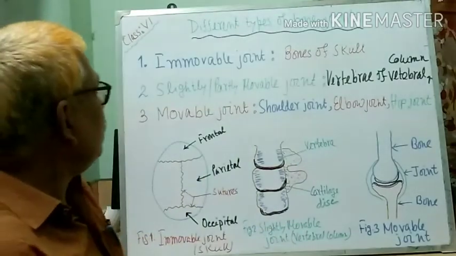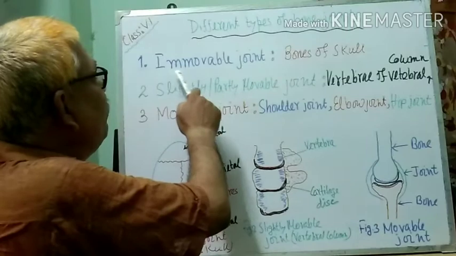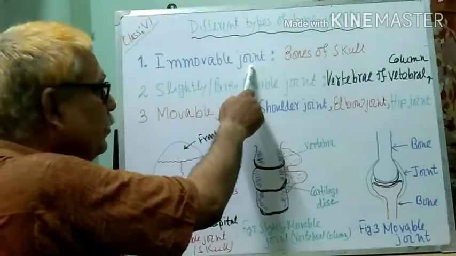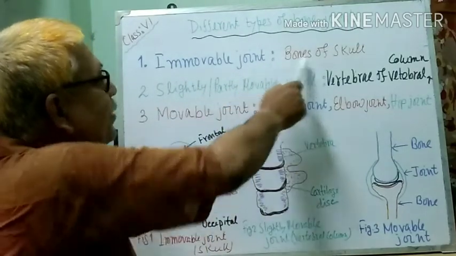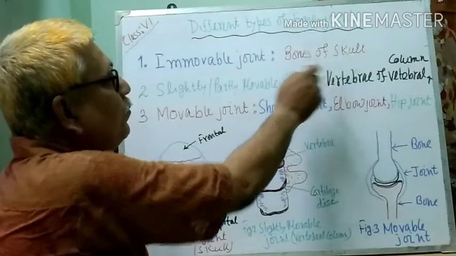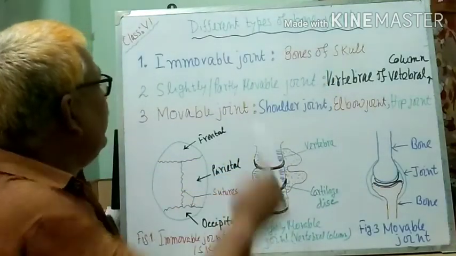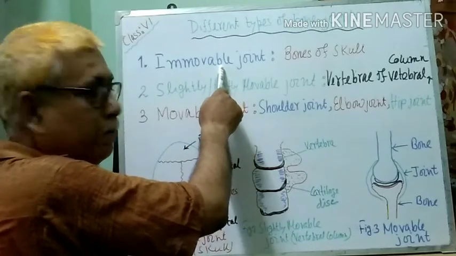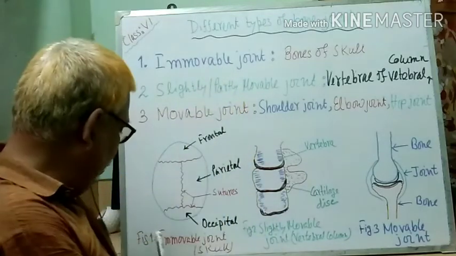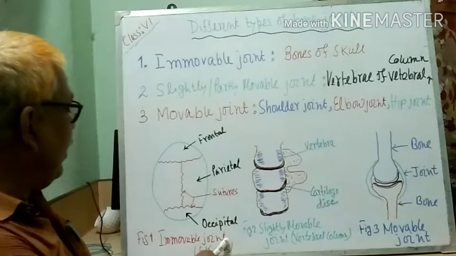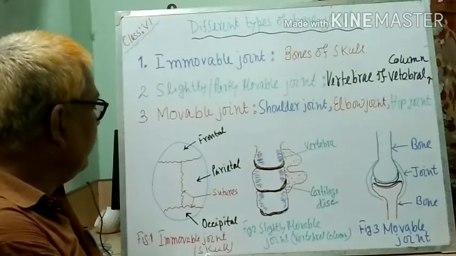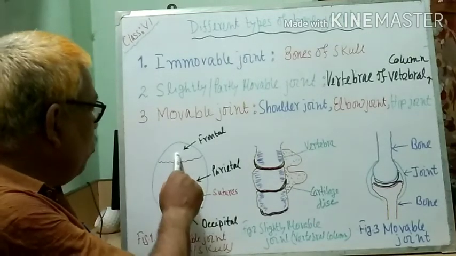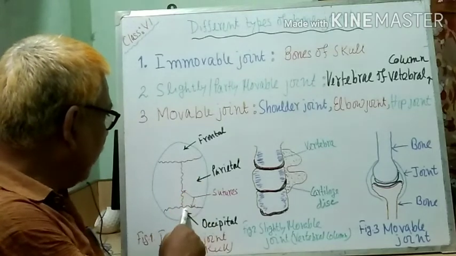Now, what is an immovable joint? Example, bones of the skull. Immovable means not movable. Here, look at the immovable joint, the skull. These are the bones of the skull.